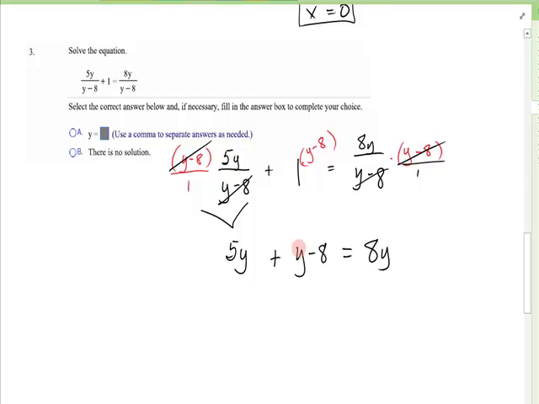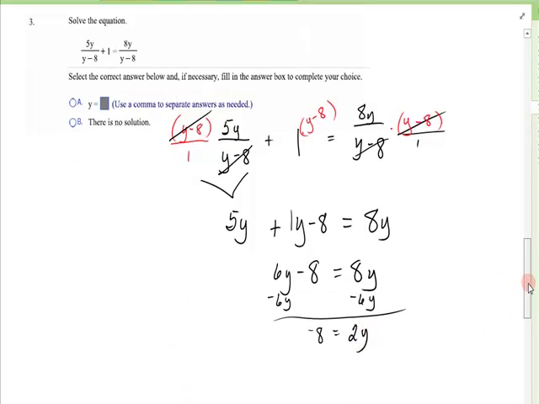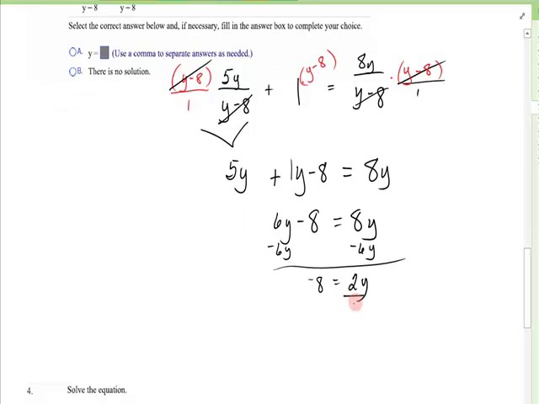On the left, combining like terms, that gives me 6y minus 8 is equal to 8y. Going to subtract 6y from both sides. Negative 8 is equal to 2y. Divide both sides by 2, and negative 4 is y.